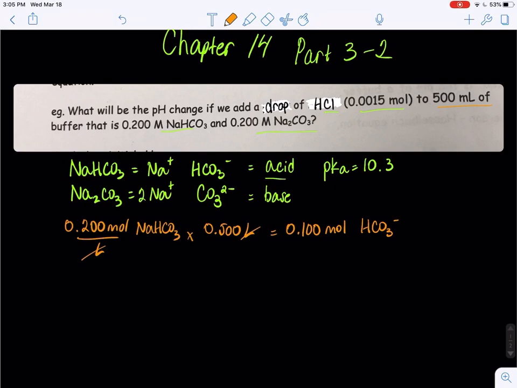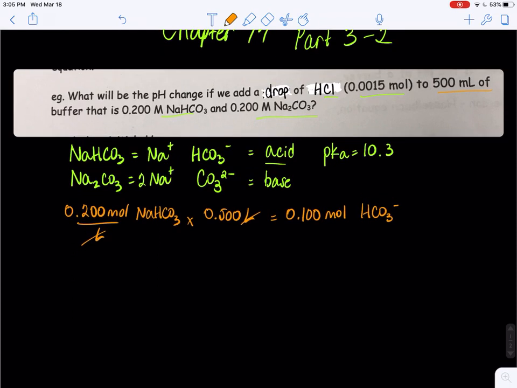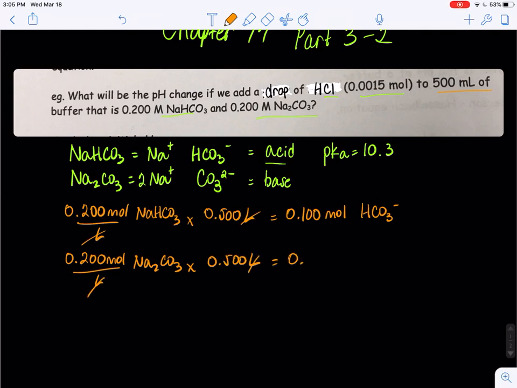Okay, and I will just write it as the ion there. The same thing for carbonate. So we have Na2CO3. We have 0.500 liters. Liters cancels, and we're left with this many moles of carbonate.